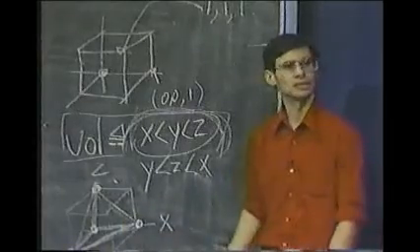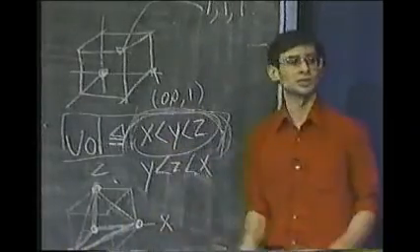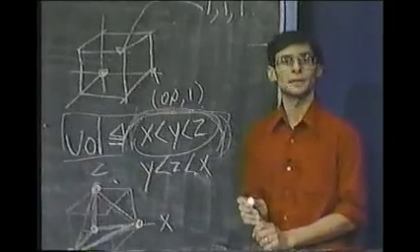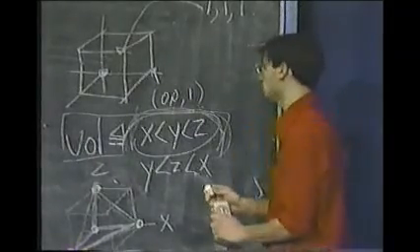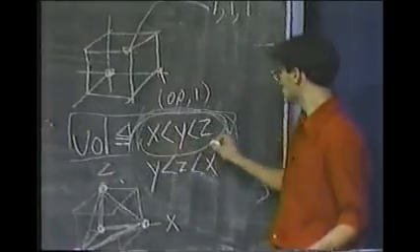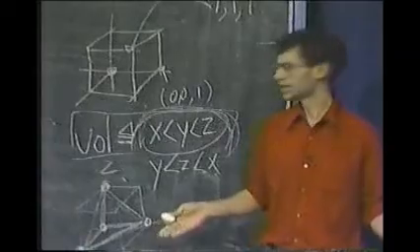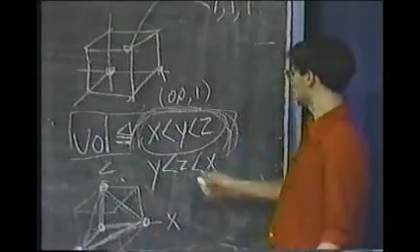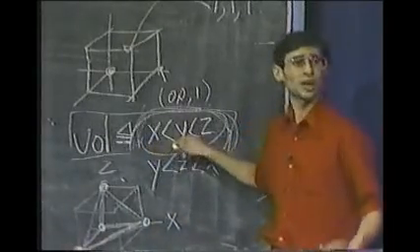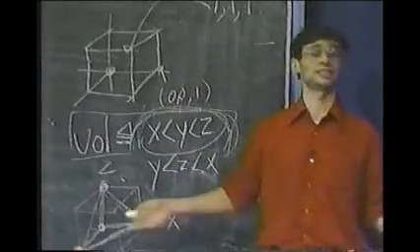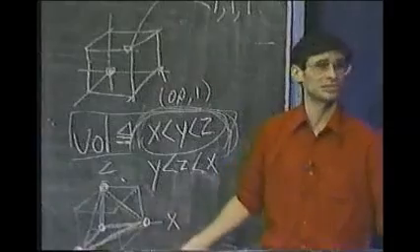Funny thing. These types of volumes are called in general simplexes, and it's something that can be seen easily in this case, that if you go to 4-dimensional hypercubes and take a volume defined by w less than x less than y less than z in 4 dimensions, it must occupy 1/24 of the total volume of the hypercube.